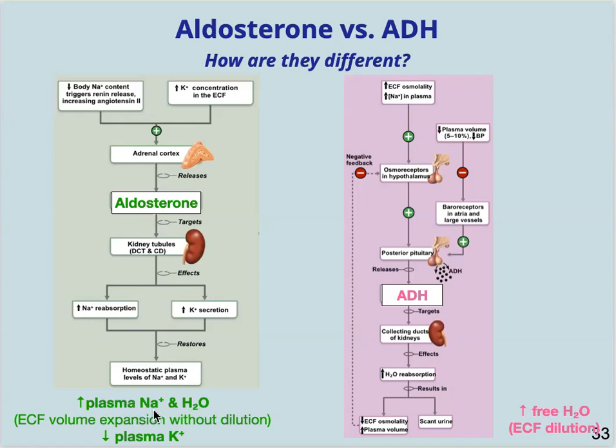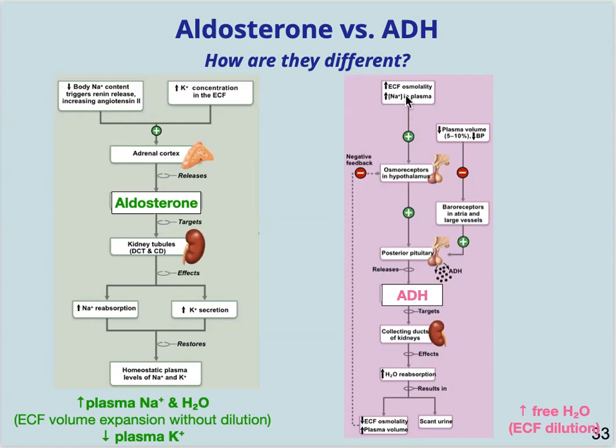Or we should say the salt that's reabsorbed is accompanied by the water. However, if there is too much aldosterone secretion, you will expect to see a drop in the person's plasma potassium, because that's sort of a side effect of having aldosterone secretion.